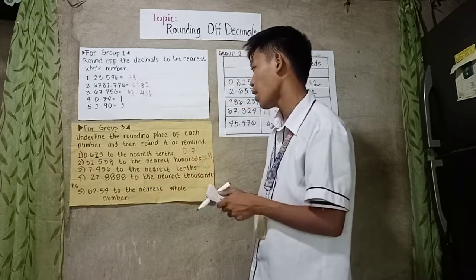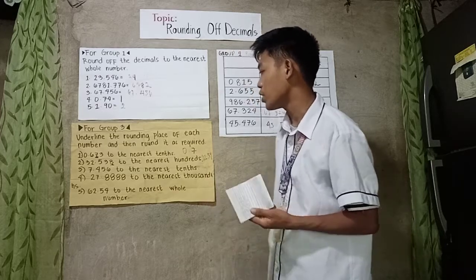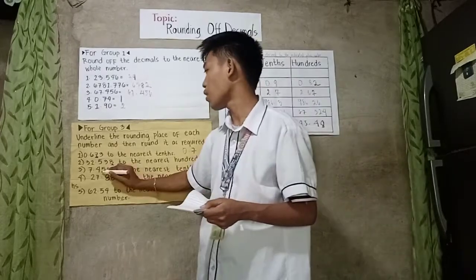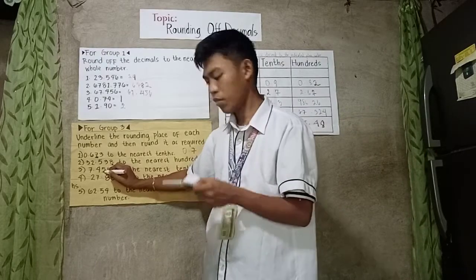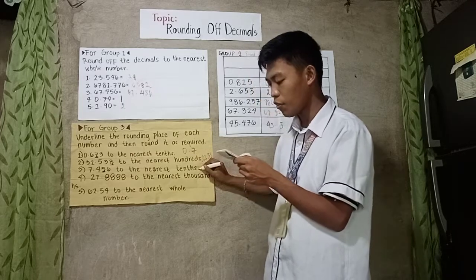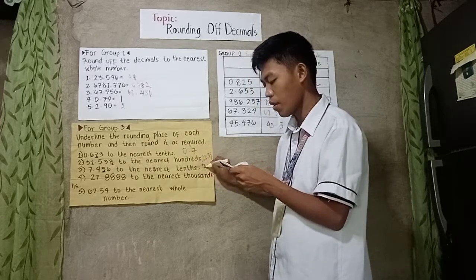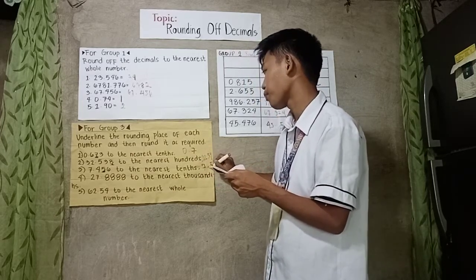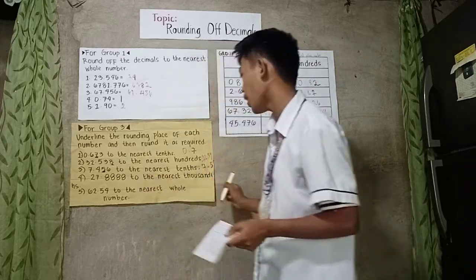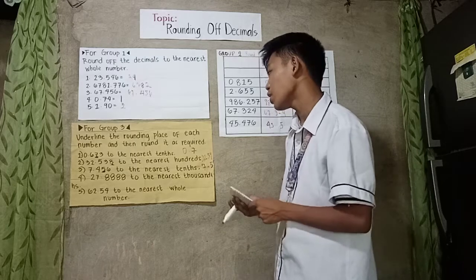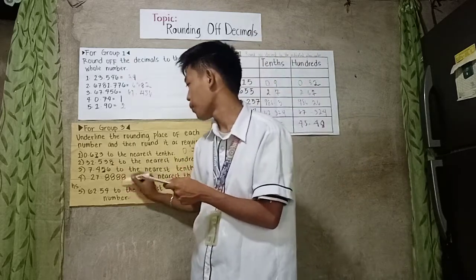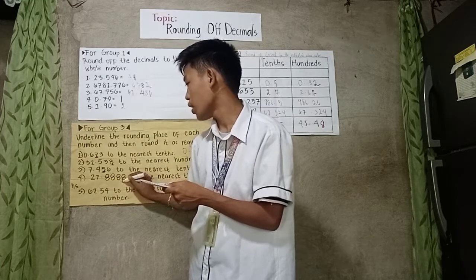Number 3, we have 7.456 to the nearest tens. So the underlined digit for the tens here is 5. And if we are going to round off, it will become 7.5. Number 4, we have 27.8888 to the nearest thousandths. So our underlined digit here is 8.